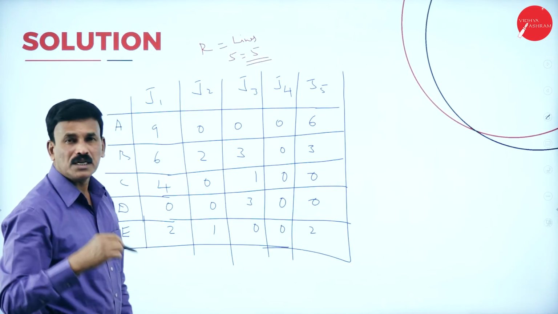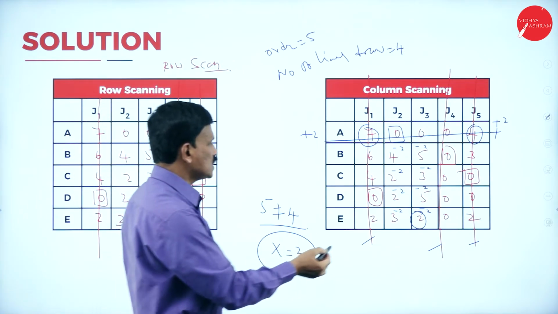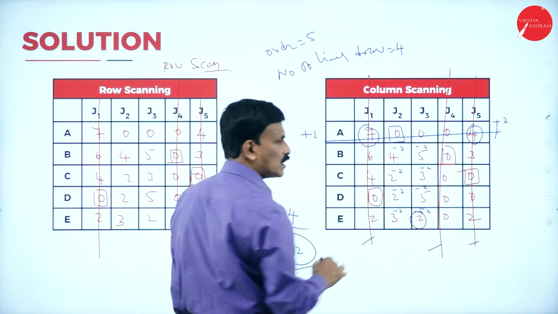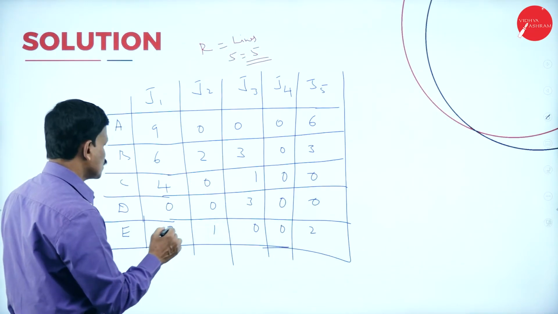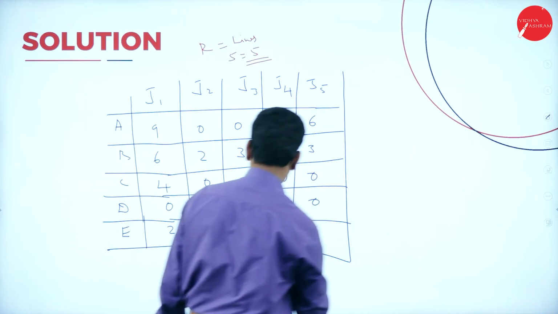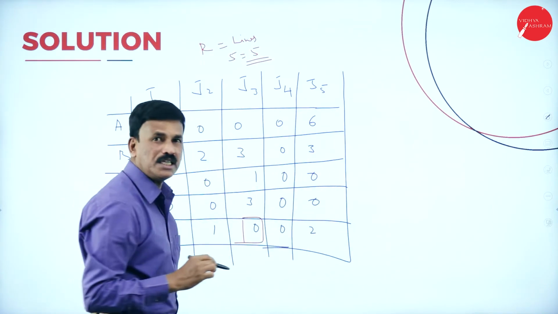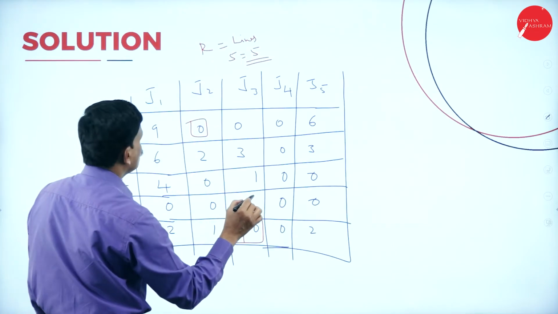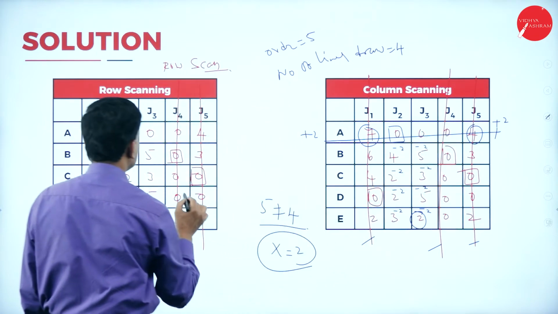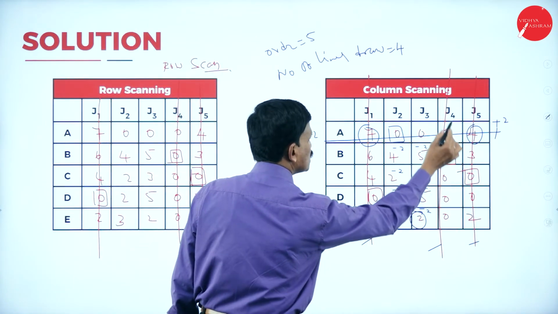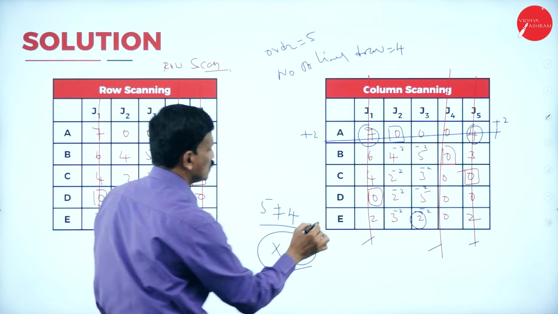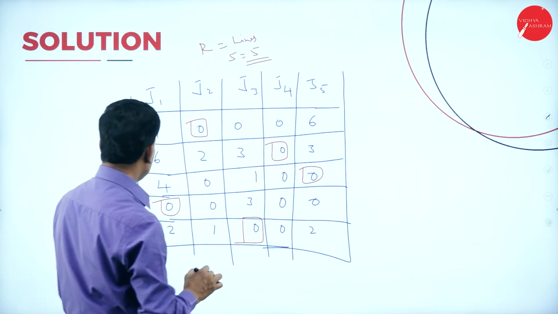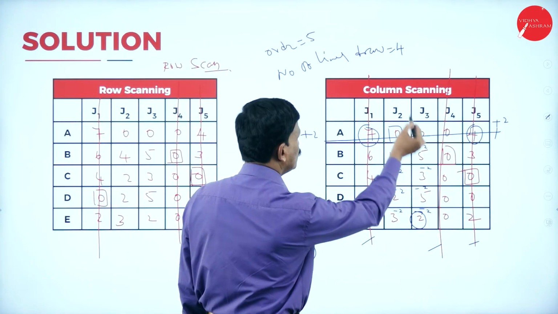Now let me explain once again. Since this 2 minus 2 becomes 0, we can consider this as the final element, so you can cancel this 0 also. So this gets cancelled. Now the remaining cancelled rows are: we have cancelled this J2, then here it is J4, and again in C it is J5, in D it is J1, and in E we have J3.